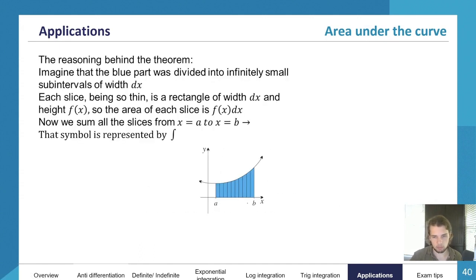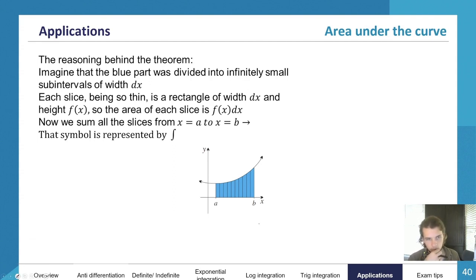You can imagine the blue area under this curve was divided into infinitely small subintervals with a width of dx. That is the dx that we think about in differentiation.